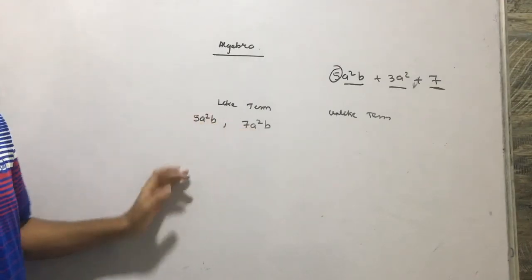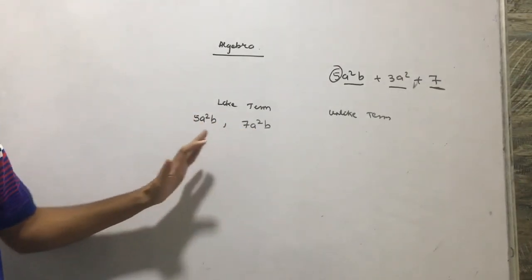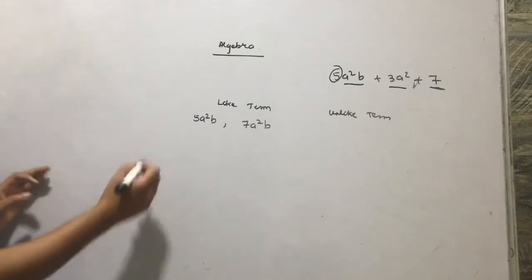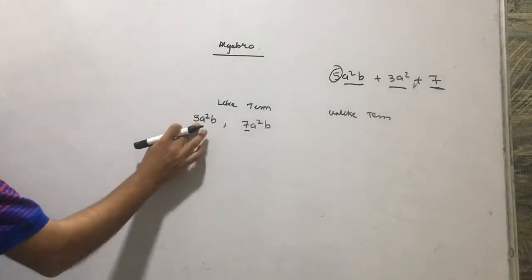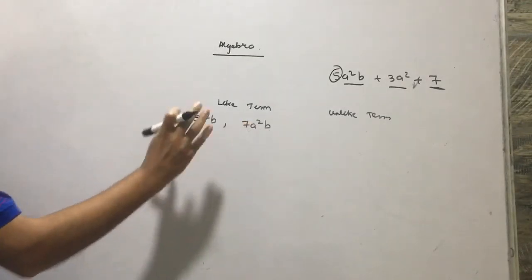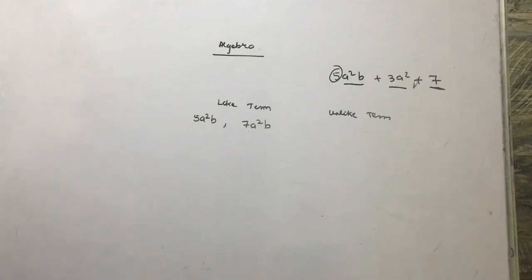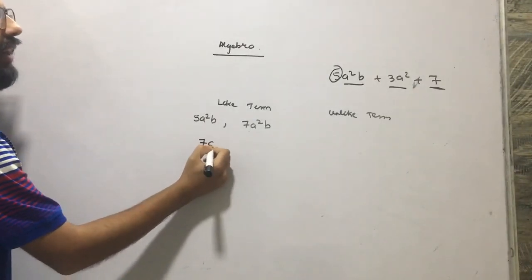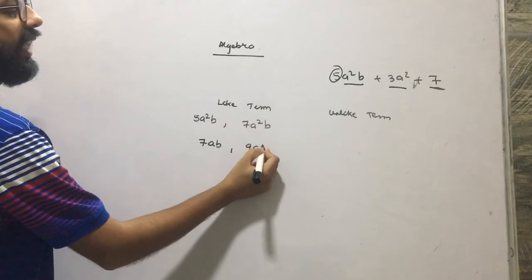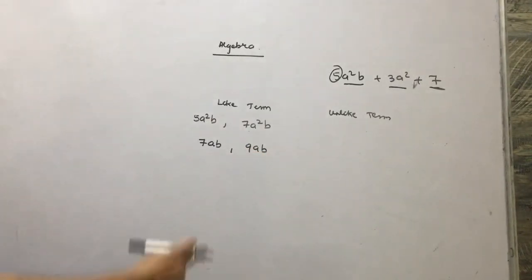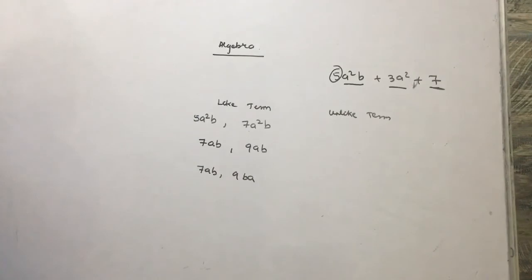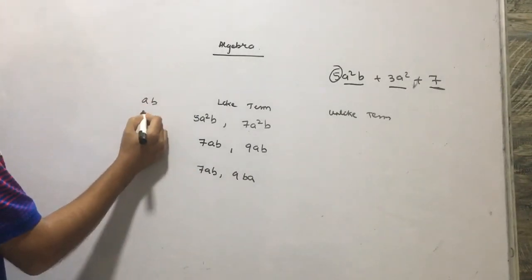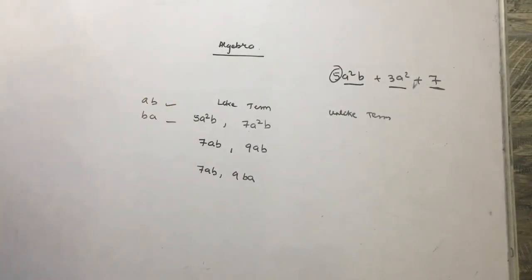Whenever you compare two terms for like or unlike, you should not look at the coefficient. The coefficient can be anything. You have to compare the variables, and if they are the same, we call them like terms. One more example, 7ab and 9ab. Here also ab is the same, so they are like terms. If they give 7ab and 9ba, both are still the same. Whether you write ab or ba, both are similar.